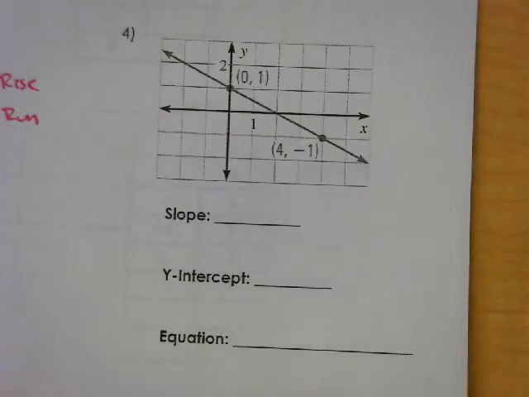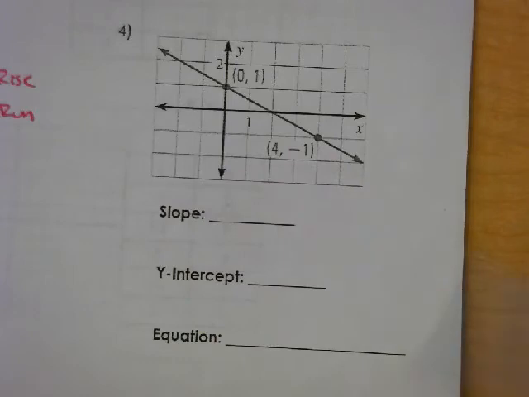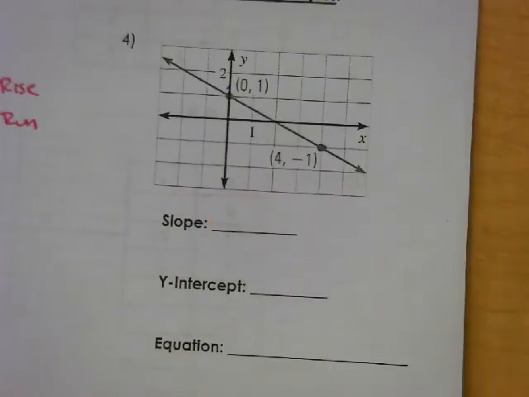The next one is the same thing, except this is a negative slope. I know that because you'll be going downhill. Again, we read from left to right, going from this point to that point.